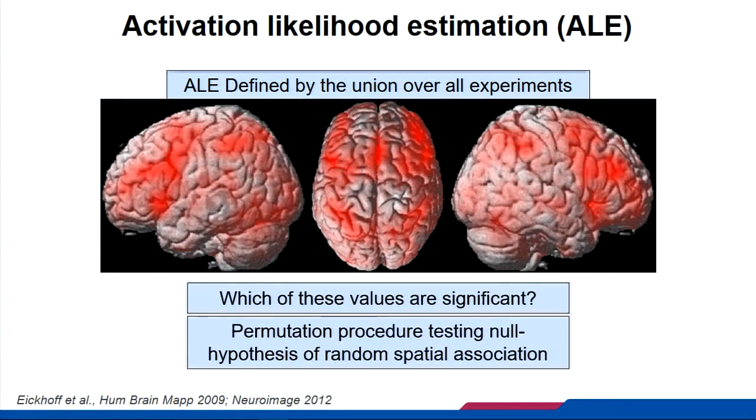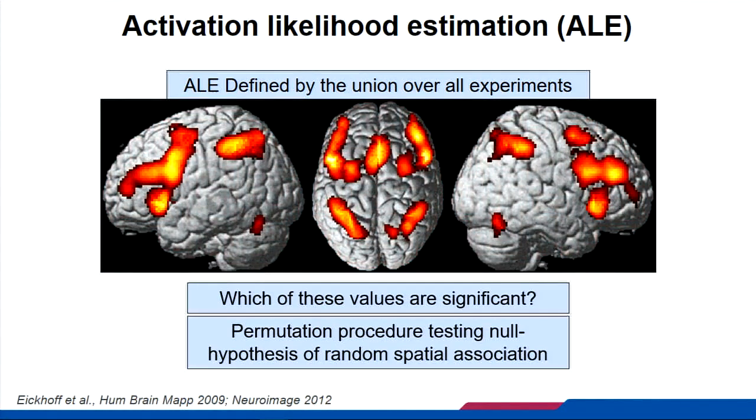If we just sample from anywhere in the brain for each experiment and then pool it, it's the same as if we actually respect the spatial pattern. If you do that, you can run the statistical inference and then get areas that are significantly convergent. So these are areas where you have an above chance convergence in working memory studies, and it reflects quite well what we would expect, the sort of broad frontoparietal network.